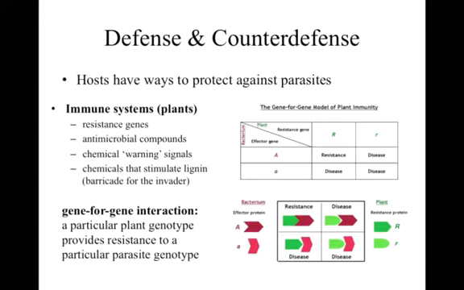You have to have a perfect match where that resistance protein is exactly the right shape to lock on to the effector or avirulence protein and protect the plant. So when we have one gene protecting against one bacterium, we call that a gene-for-gene interaction. That means a particular plant genotype provides resistance to a particular parasite genotype.